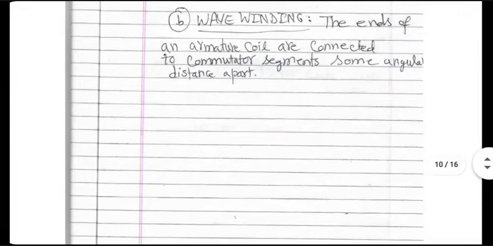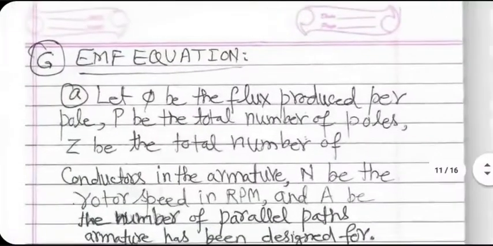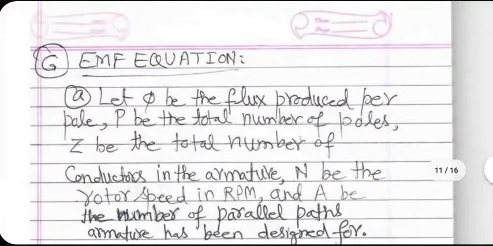Yeah, here it is, EMF. We have been saying that EMF will be generated, right? How much? Obvious question, right? Let's try to figure out a simplified equation for calculating the EMF generated.